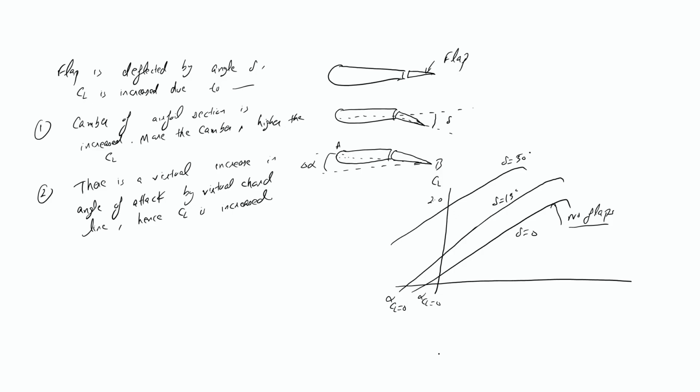Now if you notice these figures carefully, this is the CL versus alpha curve for a cambered airfoil. Please note that the lift curve shifts towards the left and CL is actually increasing.